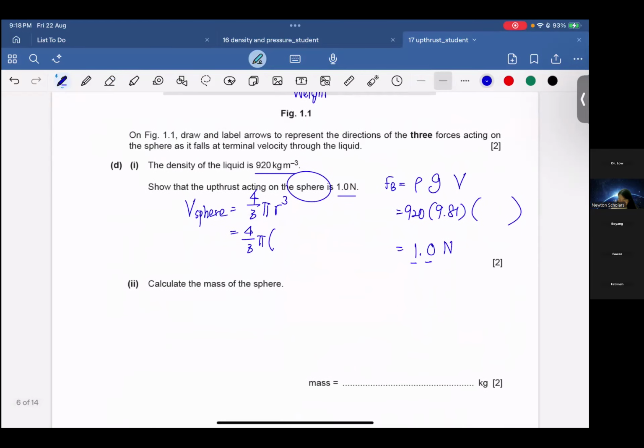Remember to convert it into meter. Correct, Fawal. You got 1.0. Remember to write 1.0 because we want two significant figures for the answer.